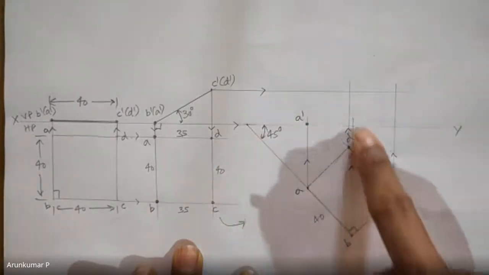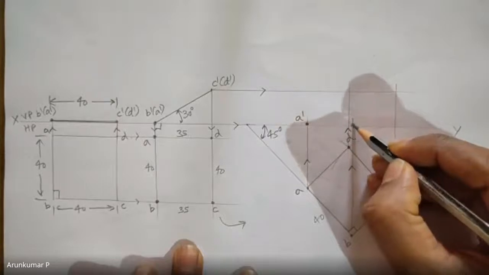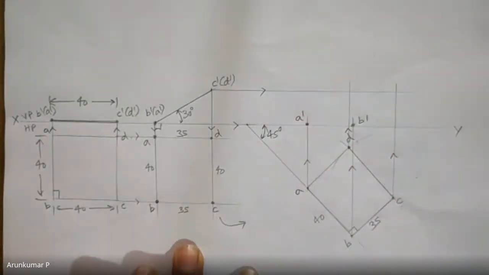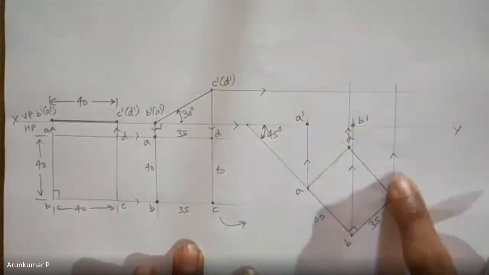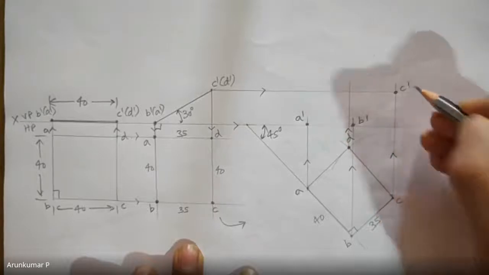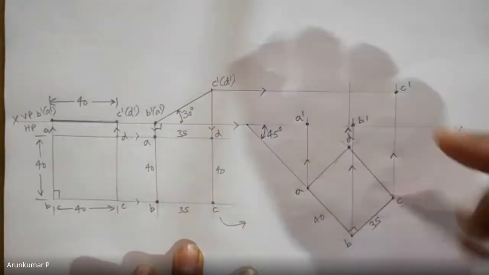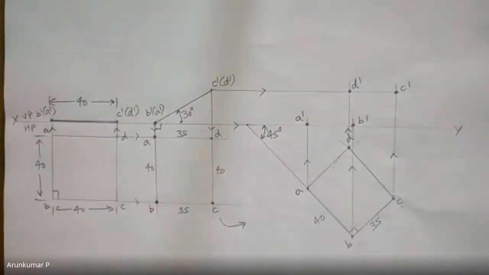Intersection of B dash and B, this point here on XY line is B dash. Intersection of C dash and C, this point here is C dash. Intersection of D dash and D, this point here is D dash.